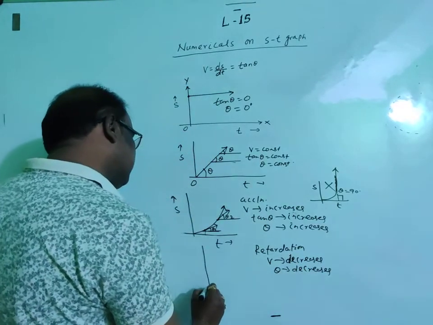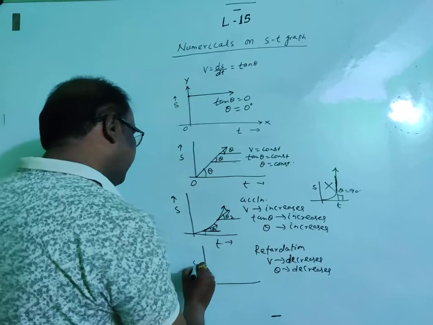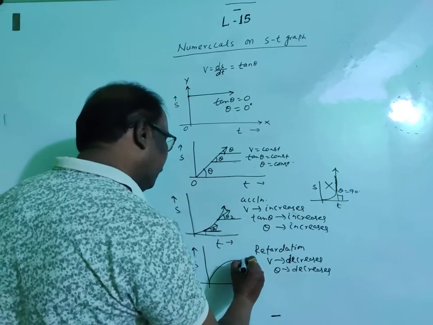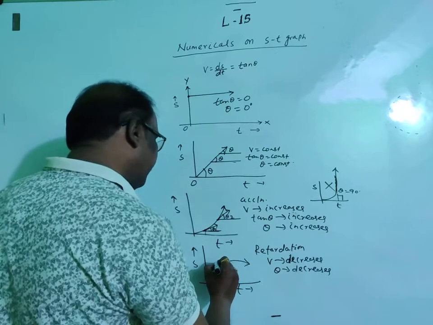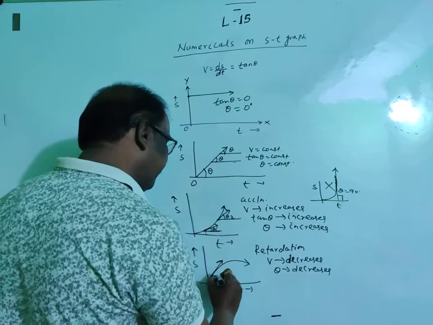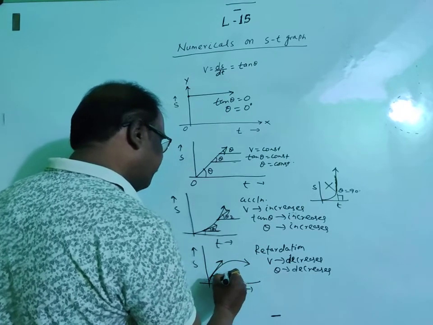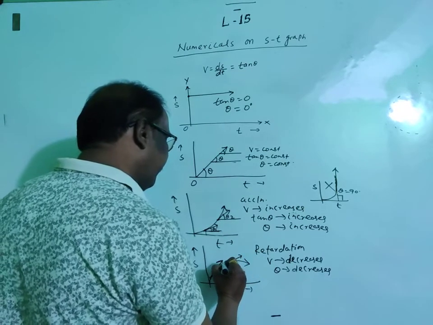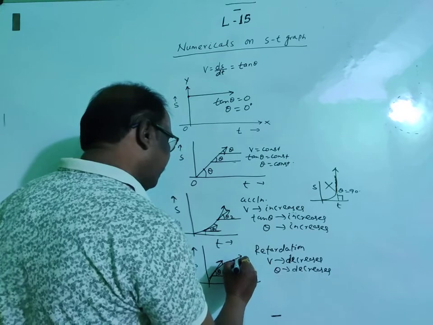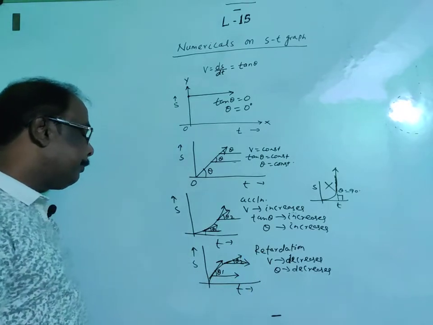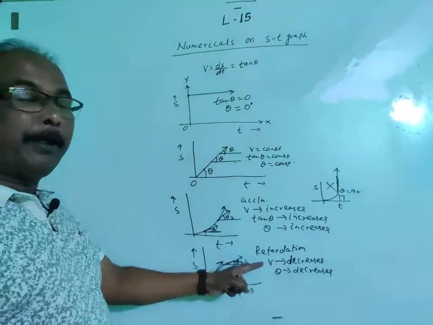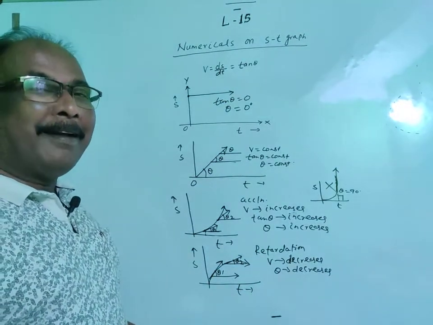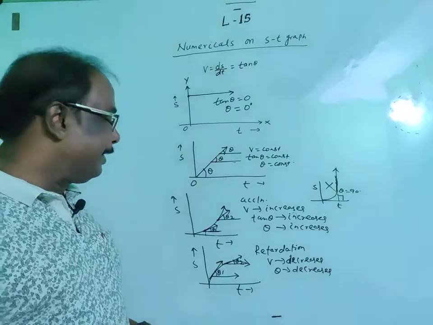So in this case the graph is a curve bending downward. Here the tangent is parallel to the time axis, then theta 1, and if you draw another tangent, the angle is theta 2. Theta is decreasing because the body is in retarded motion, meaning the magnitude of velocity decreases.